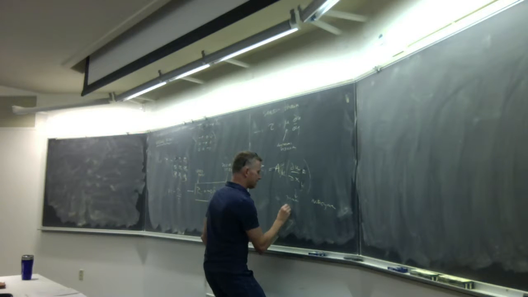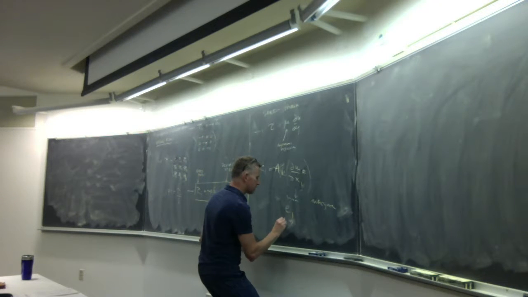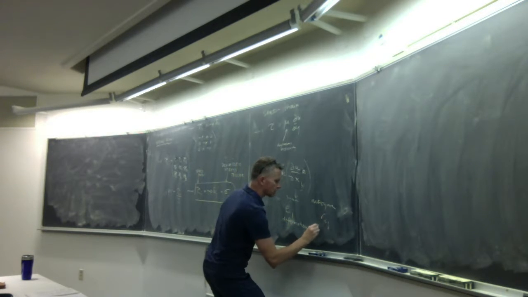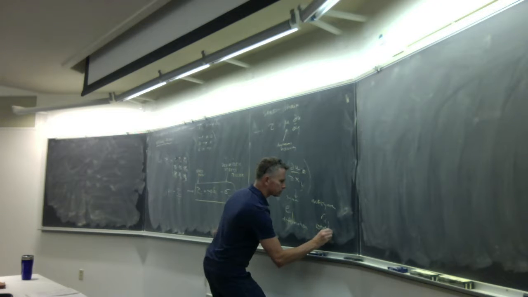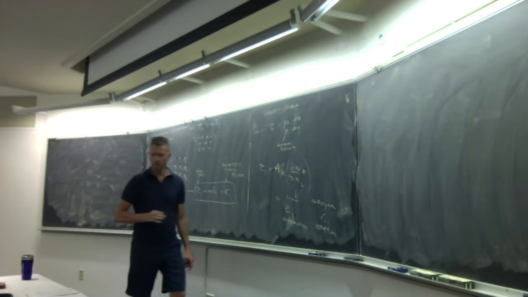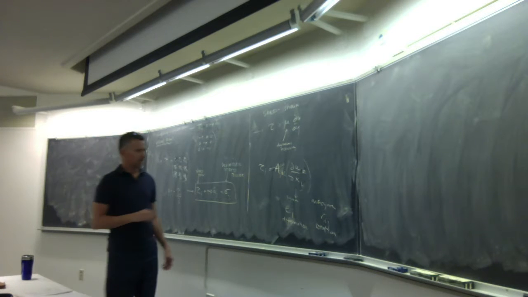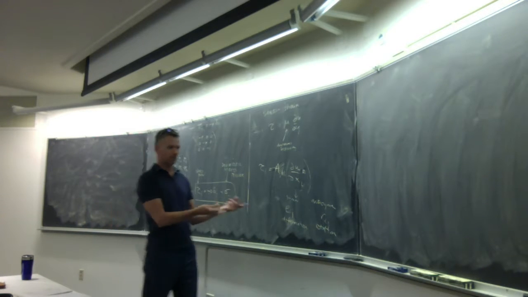So this was Eij, and this is the deformation. And this was Rij, and this was the rotation, right? And I don't know, do you remember how we defined this?